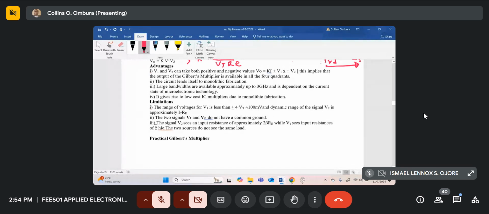Number 3, also signal V2 sees an input resistance which is approximately 2 beta Re, while signal V1 sees an input resistance of approximately 2 HIE. So the two sources do not see the same. I should have written here input load resistance.